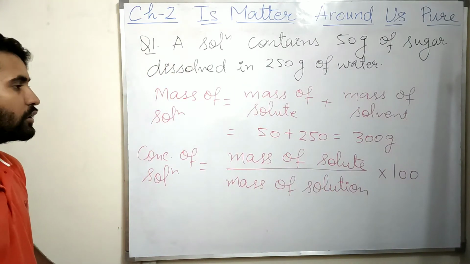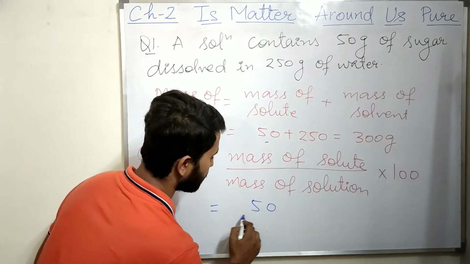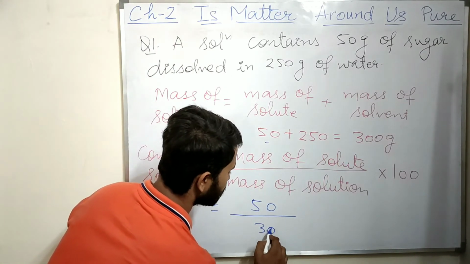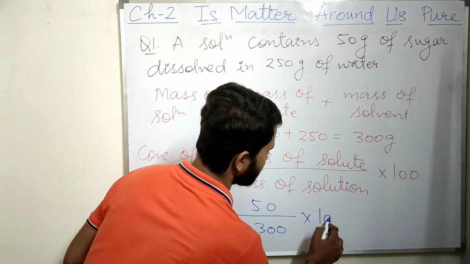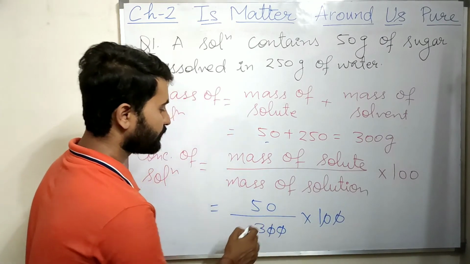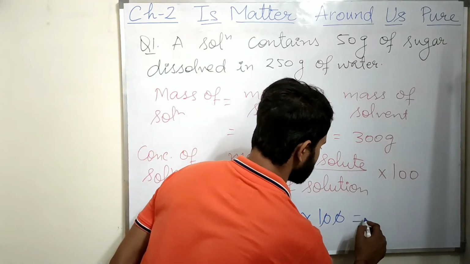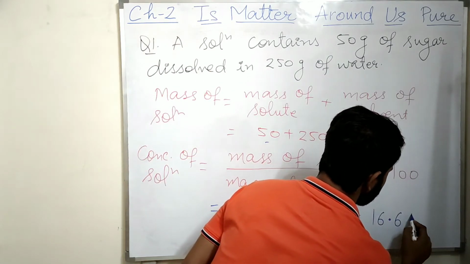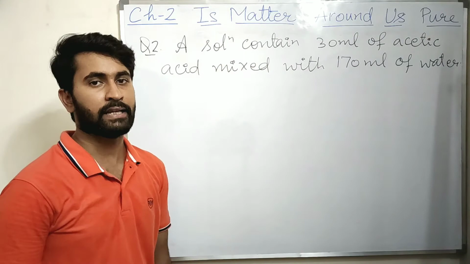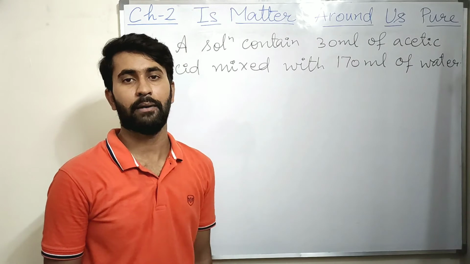So mass of solute here is 50, so 50 upon mass of solution is 300 grams. 50 upon 300 multiplied with 100. So the answer will be 50 divided by 3. It will be equal to 16.6%.